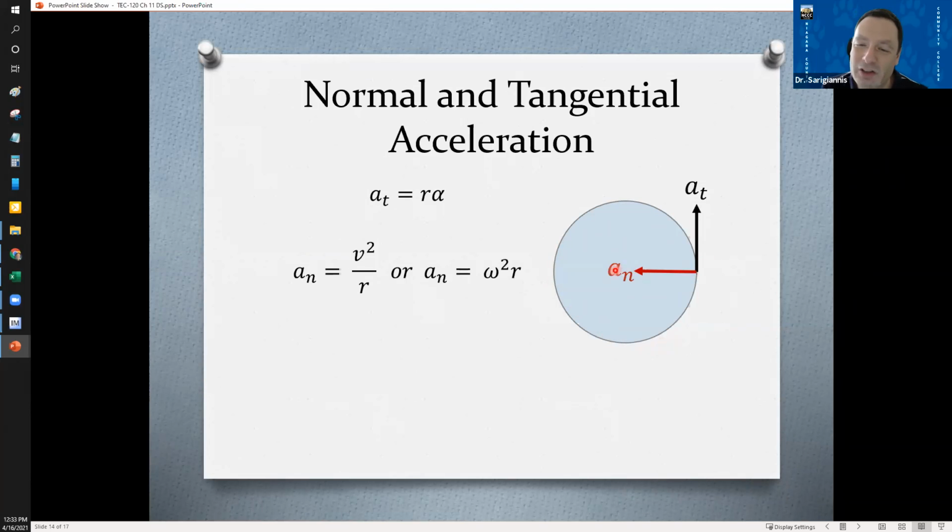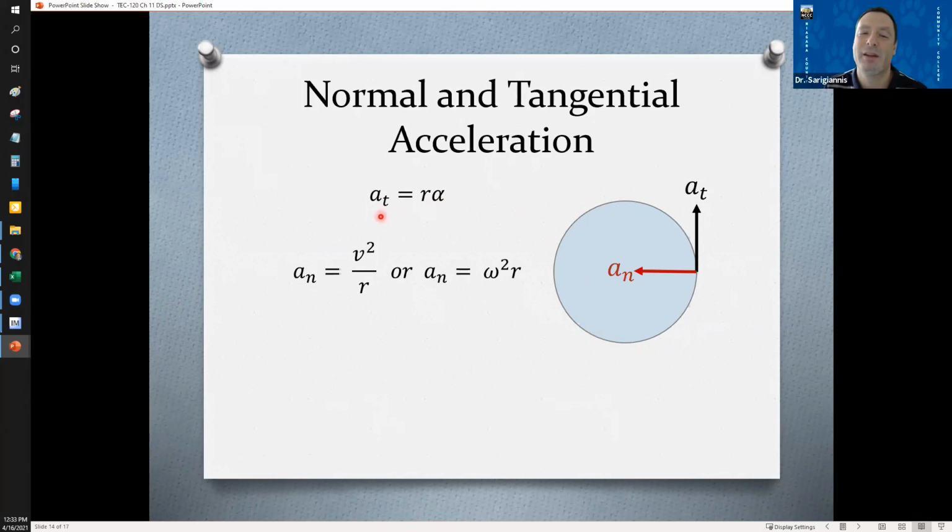That force is part of the normal acceleration. So remember, force equals ma, mass times acceleration. We're going to get back to that in the next chapter. Without an acceleration, you can't have a force. That acceleration is a normally directed acceleration towards the center, keeping that object on the path of a circle.